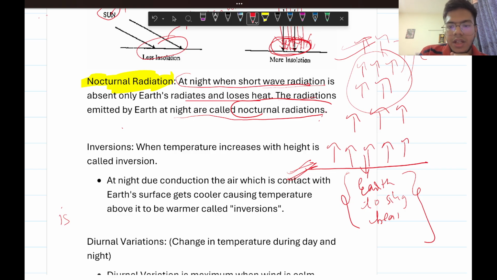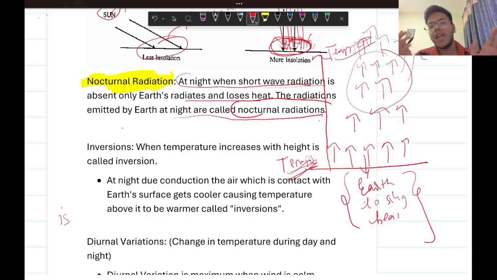So we can say that in this case inversion happens because the temperature here is less as compared to the temperature here, because these radiations are going up, so they are also carrying heat with them. So I can say that with increase of height temperature also starts increasing. So guys, this is the concept of inversion.